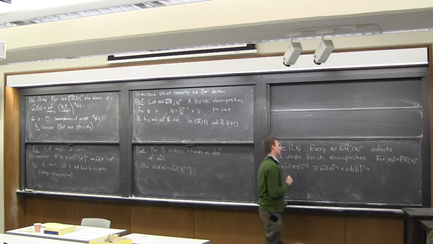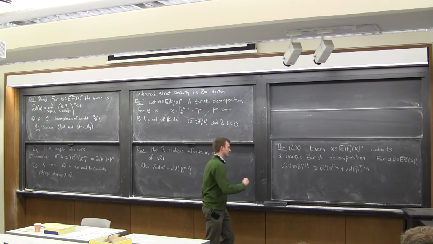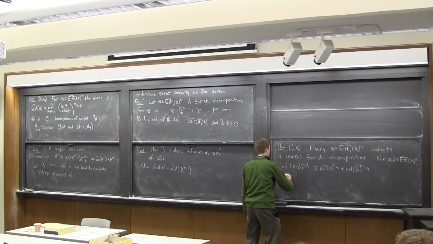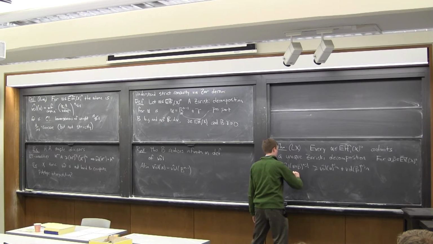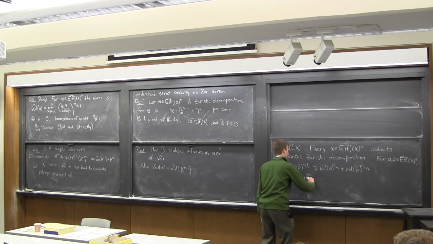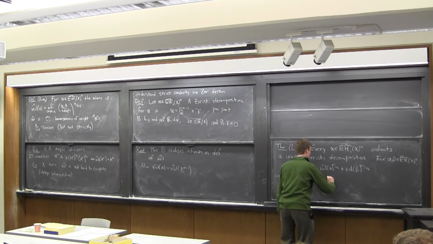So it's n over n minus 1 concave, with equality if and only if the positive parts are proportional.